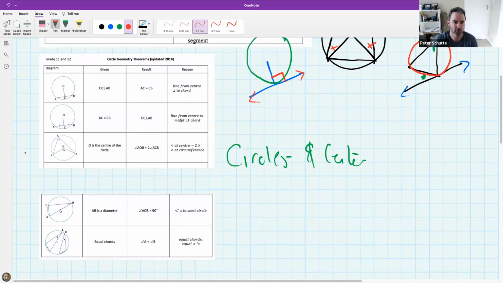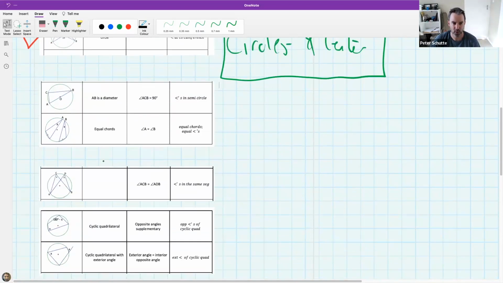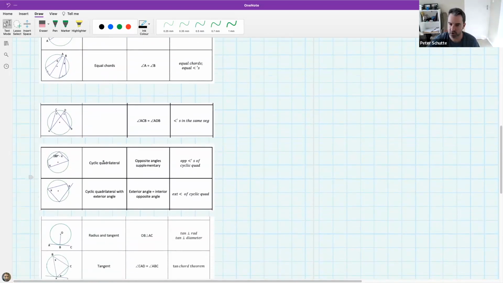Probably the most common one is that the angle at the center is twice the angle at the circumference. We have the angle in a semicircle, and then we have equal chords, equal angles. So that's the one collection of theorems that I like students to think about. What are all the theorems that have to do with the center?